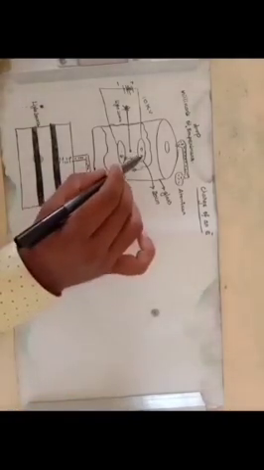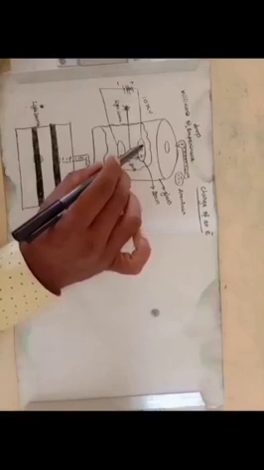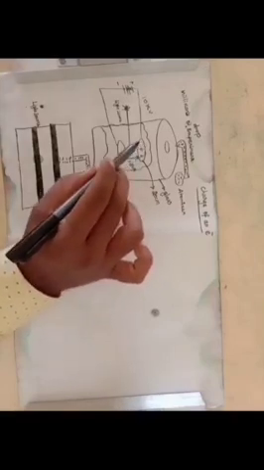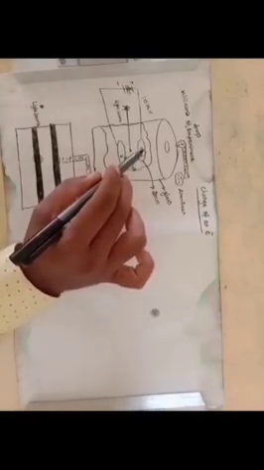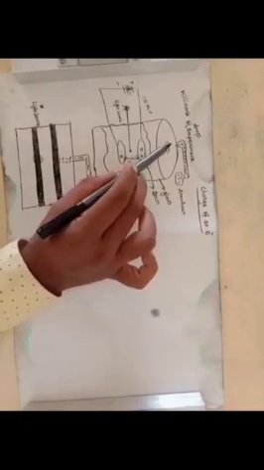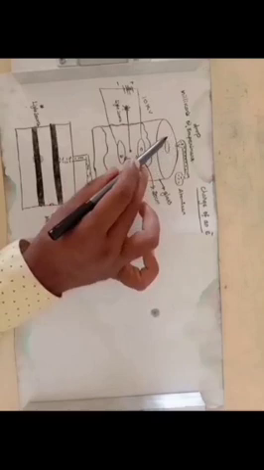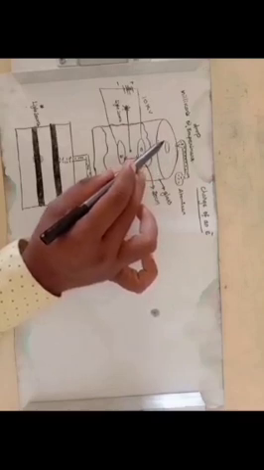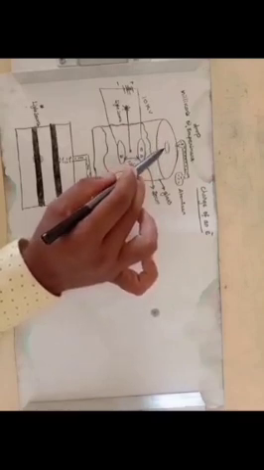Here the electric field acts towards the downward direction. In the metal plate A, at the center there is a hole, and the upper part of the glass chamber also has a hole.